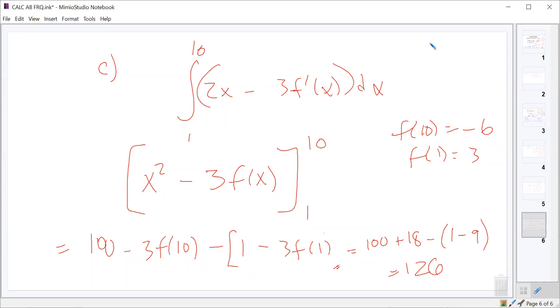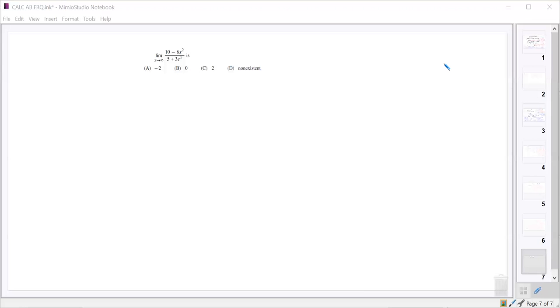All right, now I have to go look at Emily's quiz. Hold on. So we're looking at this limit as x goes towards infinity. If we plug in infinity, we'll note that this ends up being a negative infinity in the numerator and a positive infinity in the denominator. So you can use L'Hopital's rule on it. It becomes the limit as x approaches infinity. The 10 goes away. You'll end up with negative 12x.